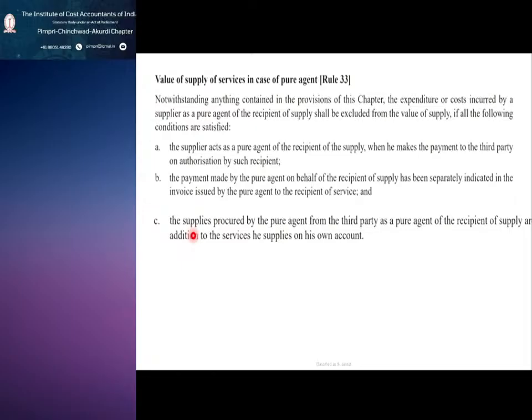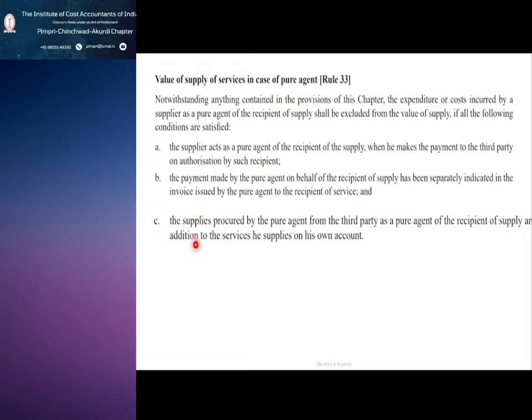The supplies procured by the pure agent from a third party as a pure agent of the recipient of supply, in addition to the services he supplies on his own account. So this is the theory which is there in the material also. How are we going to link what is there in the theory? First, the supplier acts as a pure agent.